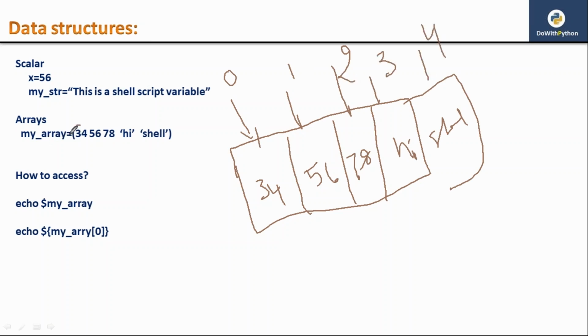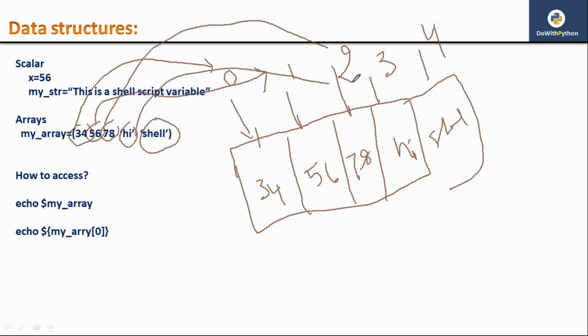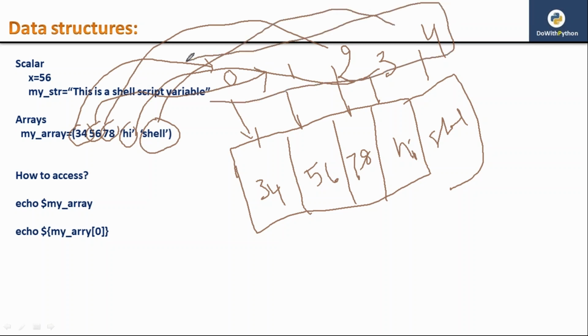Each data item from your array you can access based on its position. First data is at the 0th position, second data is at the first position, third data is at the second position, fourth data is at the third position, fifth data is at the fourth position. And these are called indices, the index values of each data. These are called positive indices of your data.